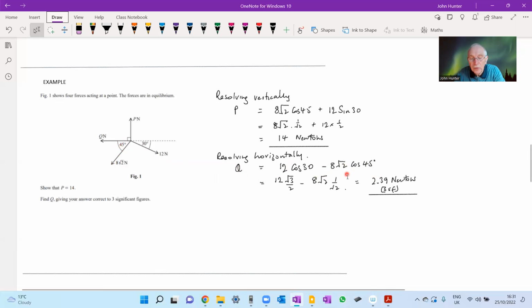So we just work that through, and we've got a couple of surds involved in here, so we're going to get a decimal, so it's 2.39 newtons. If we work that through, that's to 3 significant figures as defined there. So this is basically what we do with resolving forces.